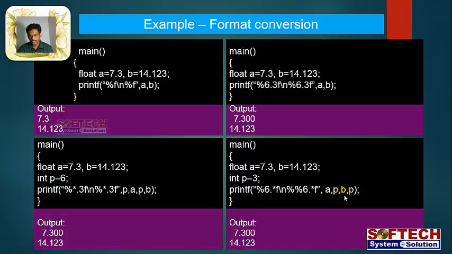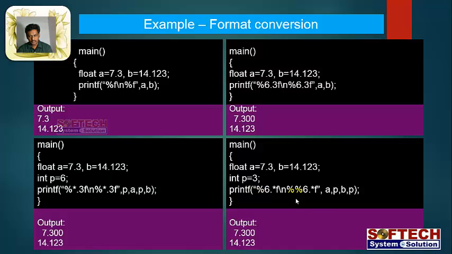Here also p, a, p, b. The value of b replaces the star, that is 6.3. So the same sequence is applied here.